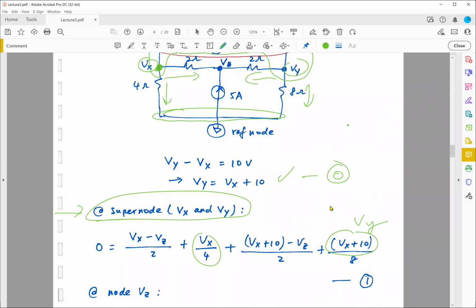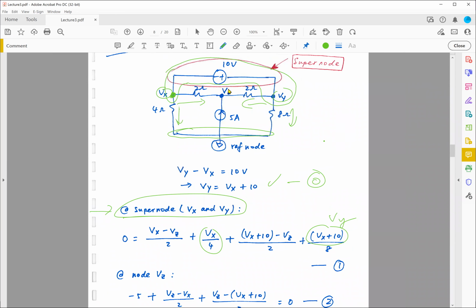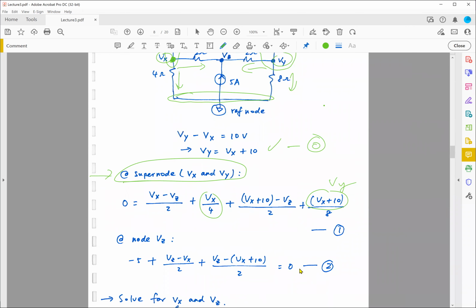Okay. But we are not done yet, right? Because I still need to deal with this Vz. So what is Vz? This one is simple, right? This is just a node by itself. So Vz minus Vx divided by 2 plus Vz minus Vy divided by 2 plus negative 5 is equal to 0.